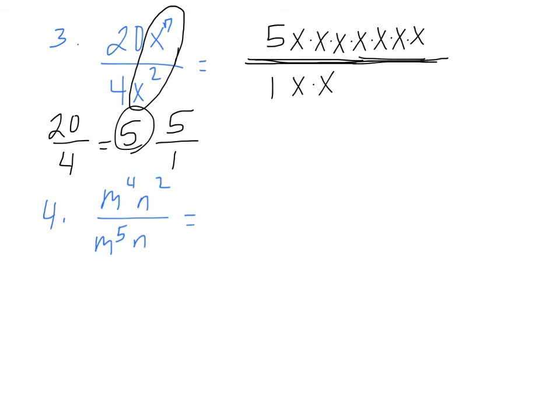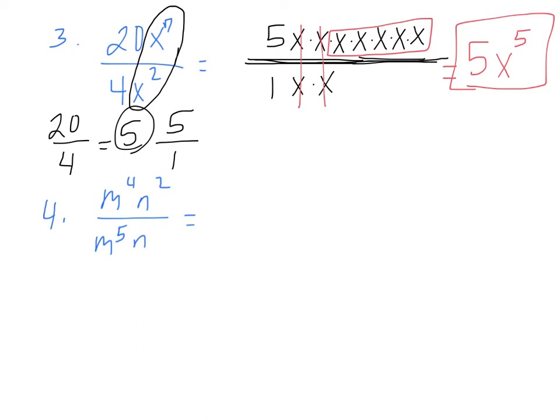Only 2 of them are going to reduce, and I'm left with how many x's on the top? 1, 2, 3, 4, 5. And everything is over 1 on the bottom, so I don't need that fraction line anymore. I could simply write 5 times x, but I don't want to write 5 x's, so I will shorten that and say 5x to the 5th power.